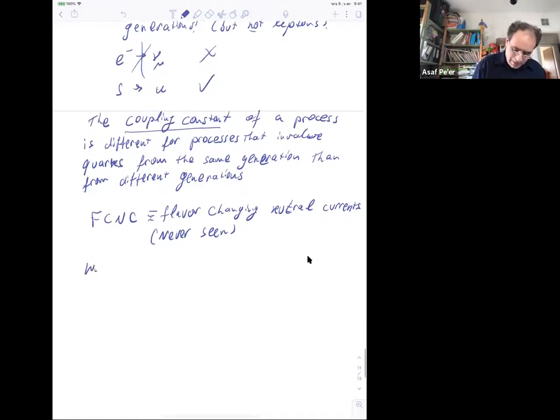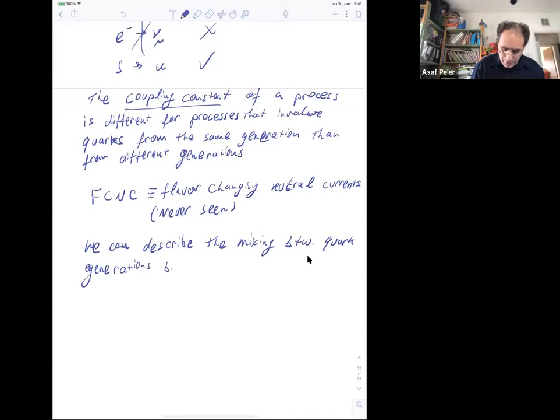So we can describe the mixing between the quark generations by introducing a linear combination of the S and D quarks.